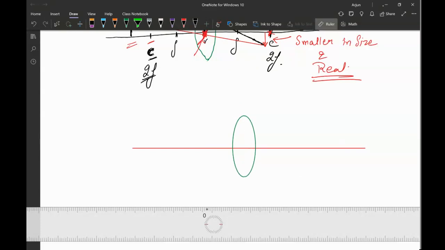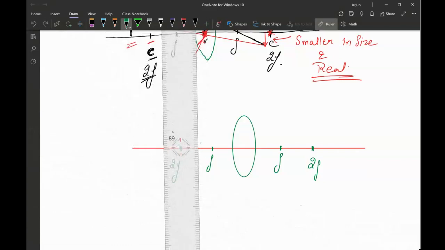Oops, yeah, that looks neat. And approximately, here I'm going to say this is f, and this is 2f. Here I'm going to call it 2f. And the object is placed between 2f and f. That's where I'm going to place the object.